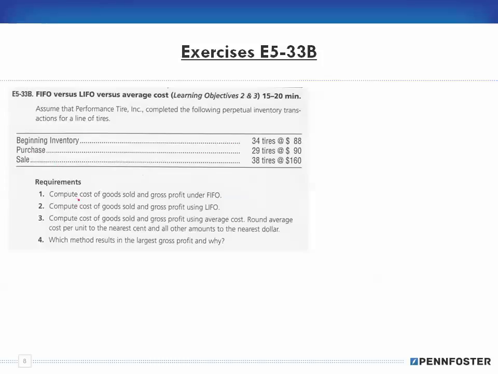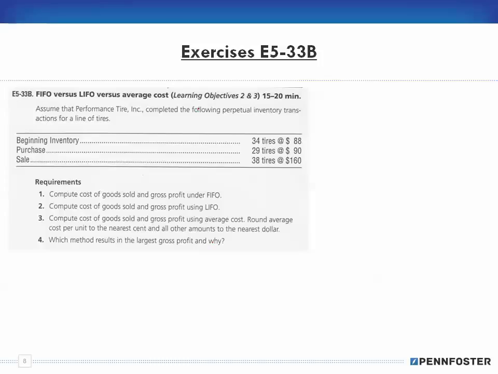Compute the cost of goods sold and gross profit under FIFO. Compute the cost of goods sold and gross profit under LIFO. Compute the cost of goods sold and gross profit using average cost. Round average cost per unit to the nearest cent, and all other amounts to the nearest dollar. Which method results in the largest gross profit and why?